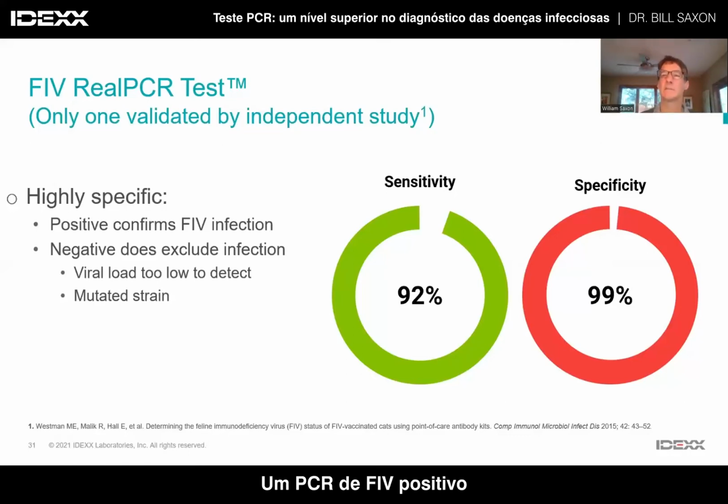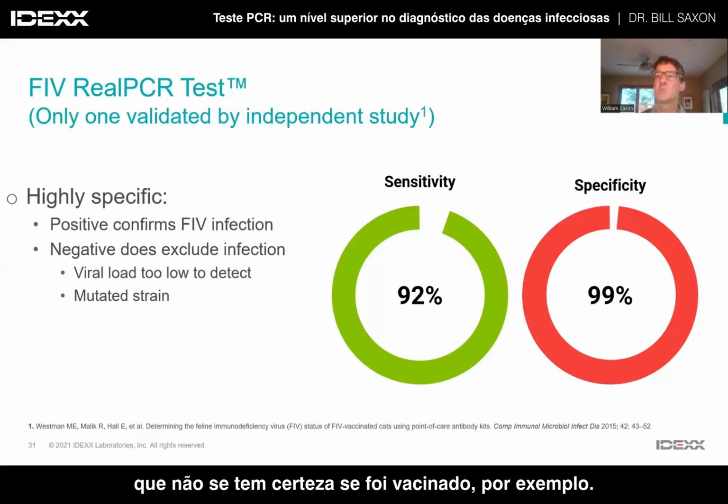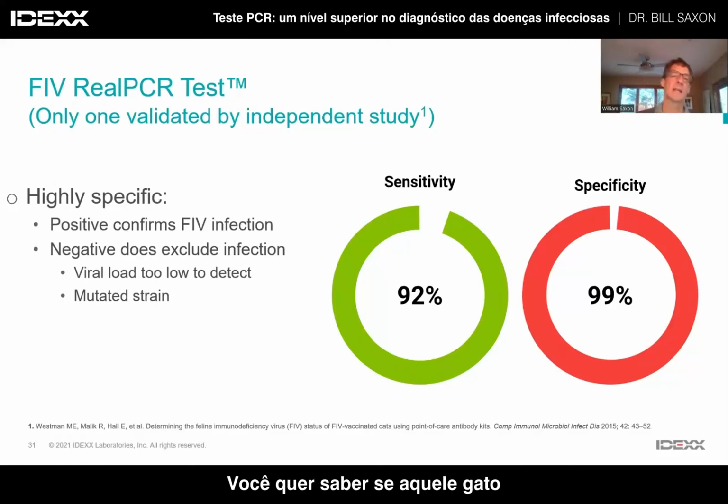Okay, so a positive FIV PCR that you might run on a cat that you're not sure whether it's been vaccinated, for example. So the vaccine for FIV will cause the SNAP test, which is an antibody test, to be positive. You want to know if that cat truly is infected or has been vaccinated. That would be, say, one indication for running a FIV PCR.